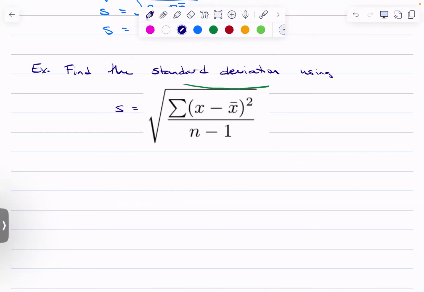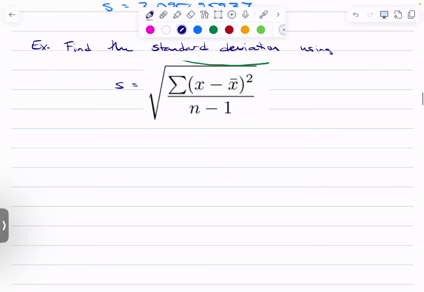Sorry, that green came from before, but just ignore that. Okay. We've talked about breaking down this formula, but let's do it like we did the previous one, right? Kind of build it out in steps.